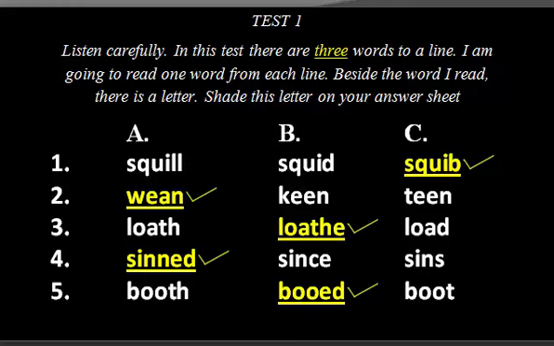The next, in example 2, the word I read was wean, W-E-A-N. Now, here, the words differed by their beginnings. In wean, we had W being different. In keen, we had K being different. And in teen, we had T being different.